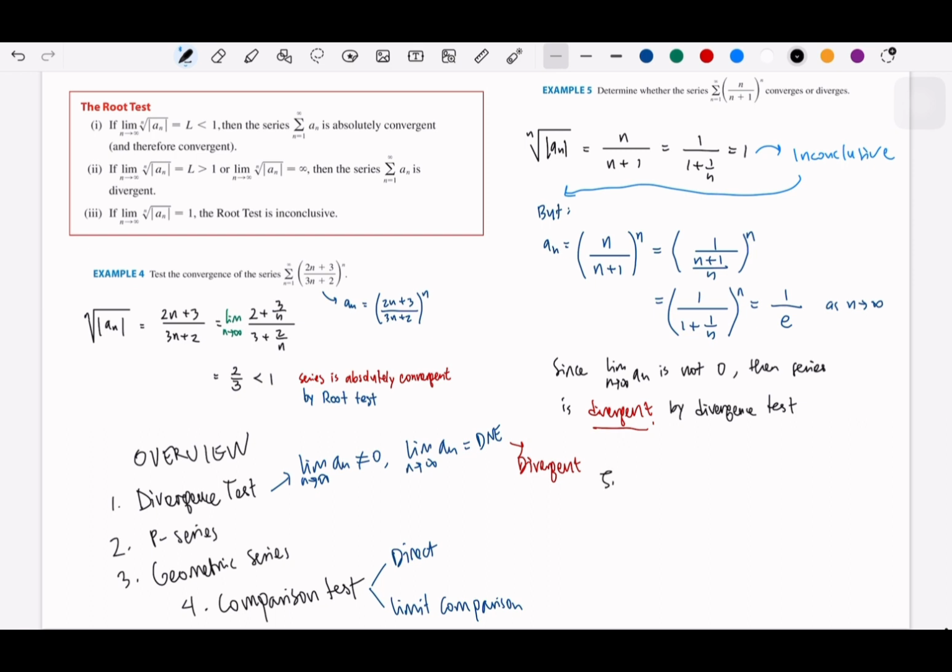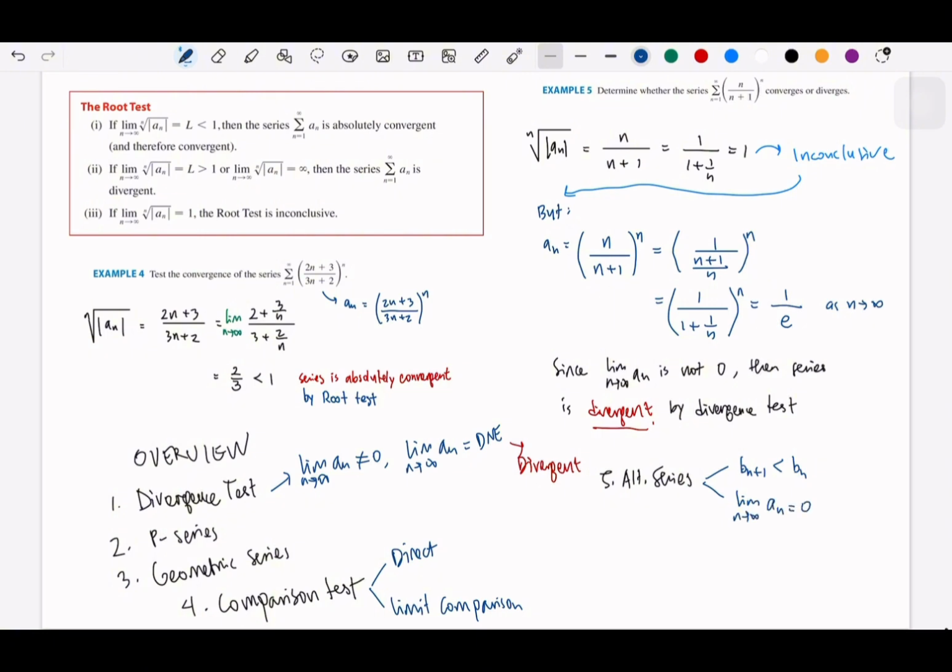Okay, we have 5, which is the alternating series, which usually requires that b n plus 1 is less than b n, and the limit of the a n is 0.